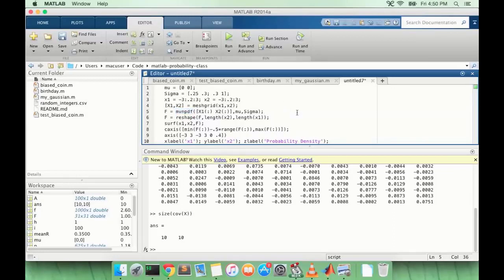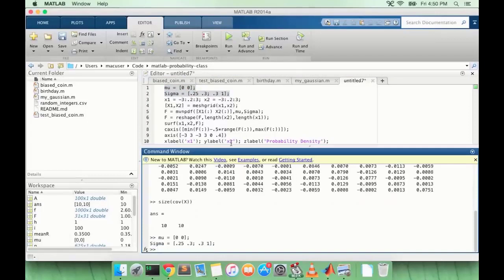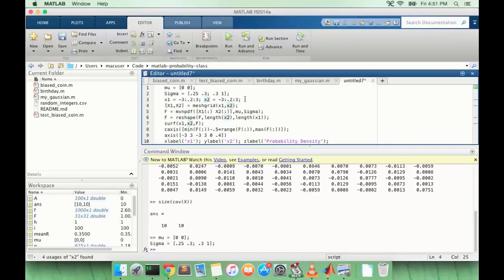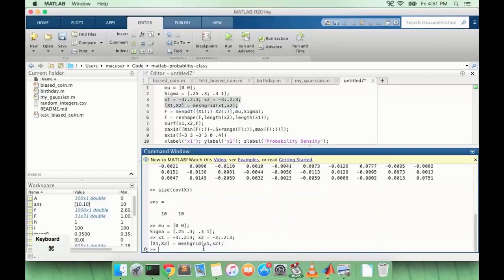So I've got an example here that I want to show you. We set our mean and our covariance. Don't worry about this code too much since it is not the focus of this lecture. We're simply setting the x-axis, so the x1 and x2 values.